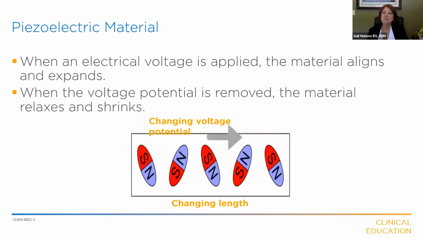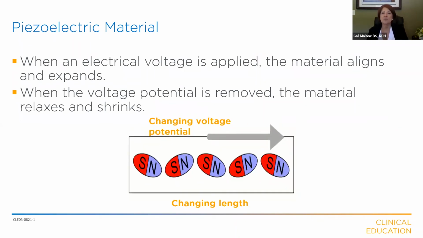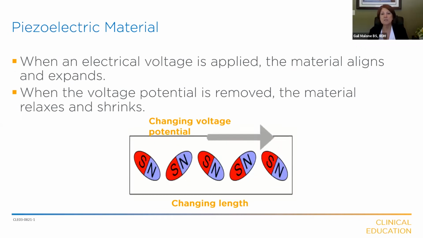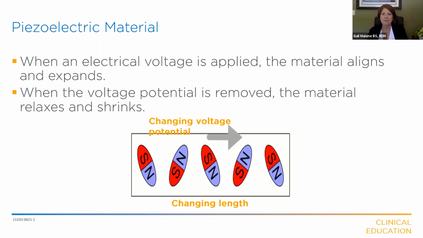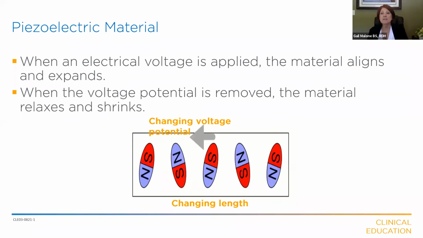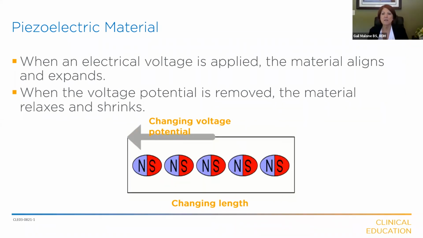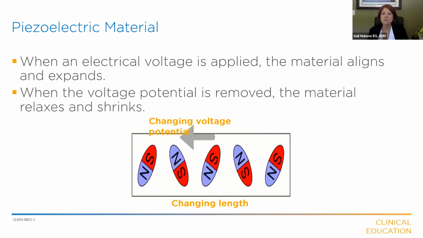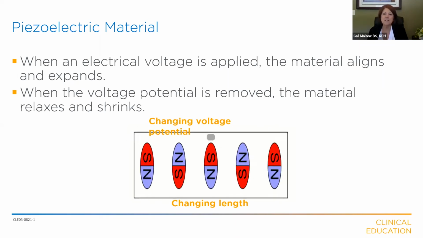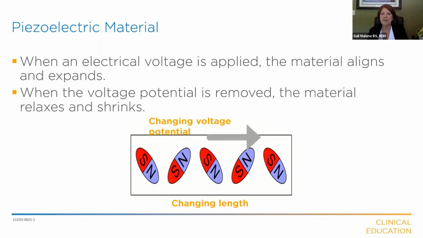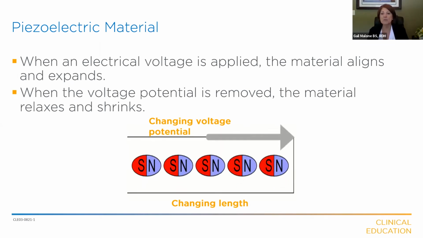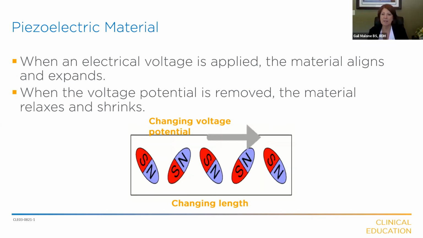Now, with piezoelectric technology, electrical voltage is what causes the material to align and expand. Piezoelectric devices contain crystals, and when we apply voltage across the crystal and change it, meaning we increase or decrease the voltage, you can see that the crystal then aligns and expands, just like the poles of the magnet were aligning and expanding.